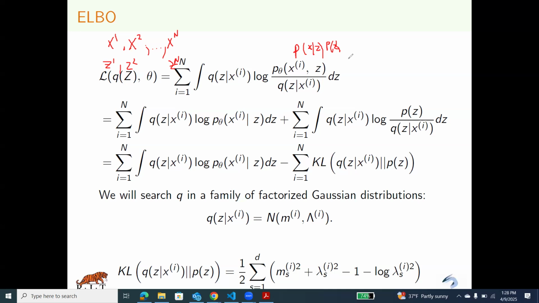The second coordinate will be multiplied by the second, and as the result, it can be represented as a product. So that's why it's called factorized. So we don't have what's called correlation coefficients.